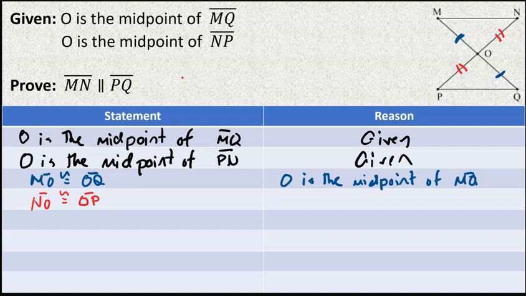For the sake of your time, I am rushing through the midpoints. If you need to review the midpoint and bisector properties, you could check out a previous video that I made on just that. Now I'm going to use the vertical angles in the middle.